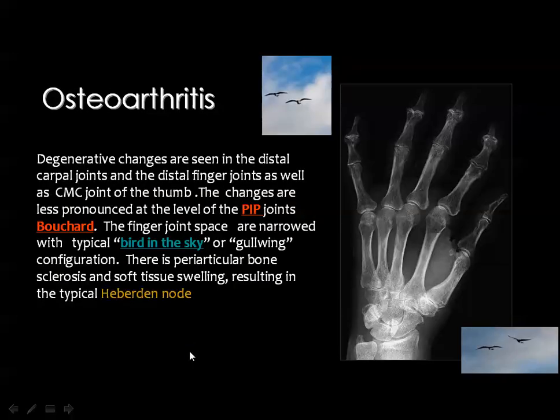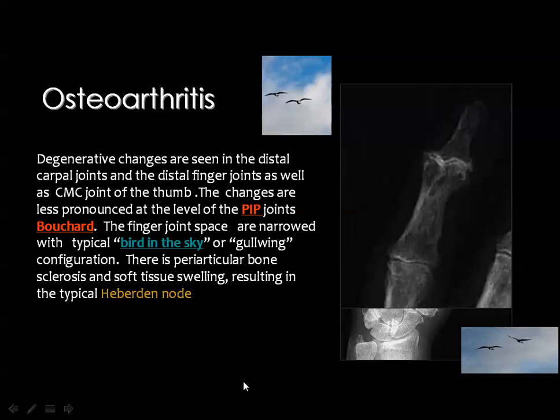One of the appearances of osteoarthritis in the hand, especially in the distal interphalangeal joint, is that appearance which is almost similar to a bird in the sky, or gull wings, as you can see here. If I magnify this image, you can appreciate this appearance.